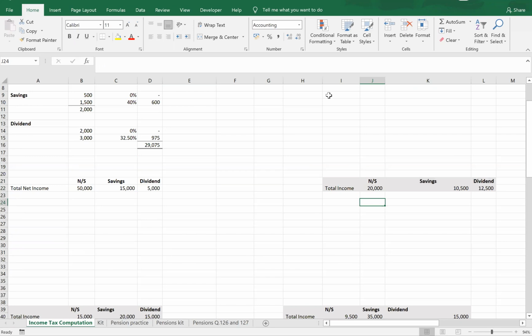Tax is applied on the taxable income. There's a difference. So if you're given the total net income or the total income, you need to deduct the personal allowance to get the taxable income. I'm giving you 15 minutes, 7.5 for each. Try and solve this, and then obviously I'll solve it for you so that you can confirm your answers.